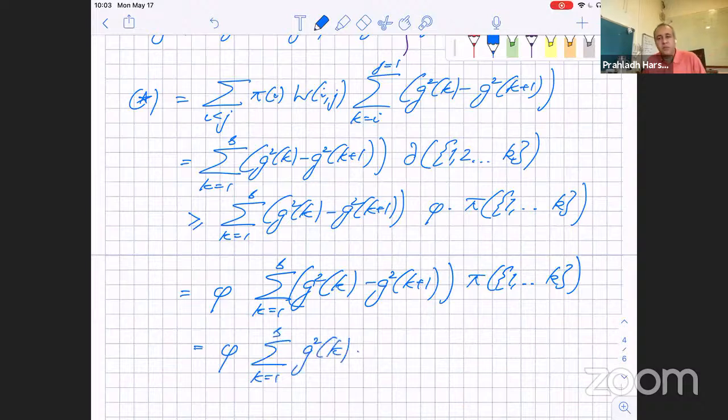What's the coefficient of g square k? Let's collect terms. This is just g square 1 into something plus g square 2 into something plus g square 3 into something. What is g square k? G square k appears twice in the summation, once for k and once for k minus 1. And it appears with pi 1 to k and pi 1 to k minus 1. So in fact, this will exactly be just the pi k.